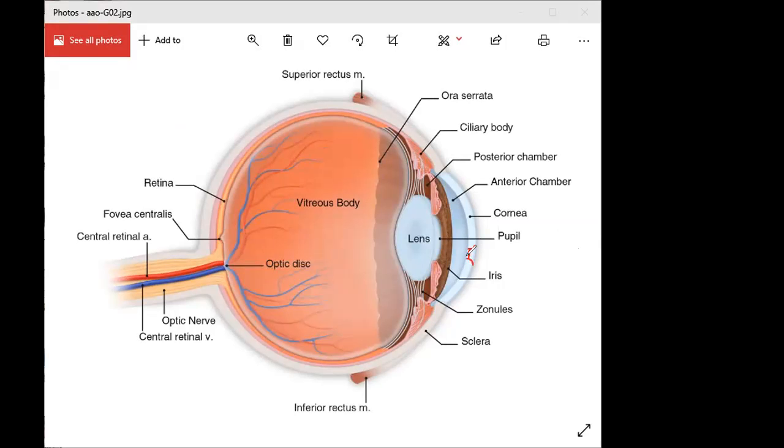As it is thin, it is protruded by the aqueous humor and the vitreous humor. So the intraocular pressure is pushing this Descemet membrane, and it leads to a protrusion like this. This protrusion is nothing but a descemetocele.